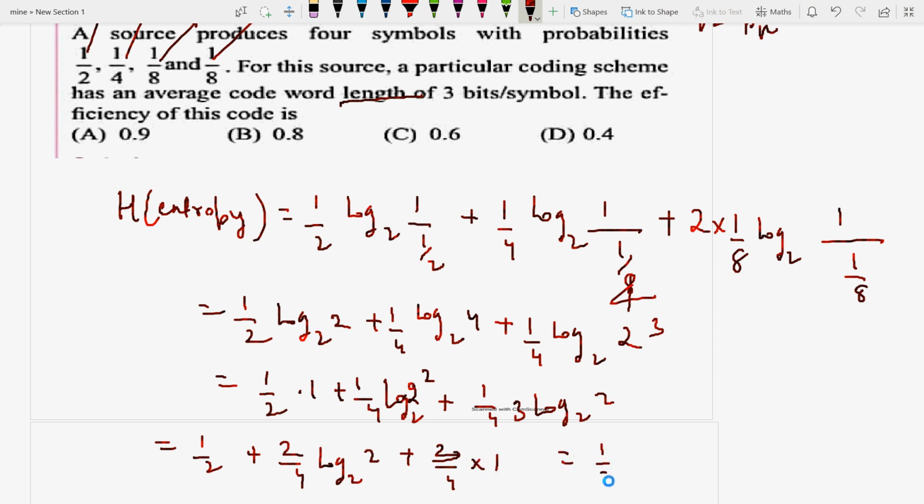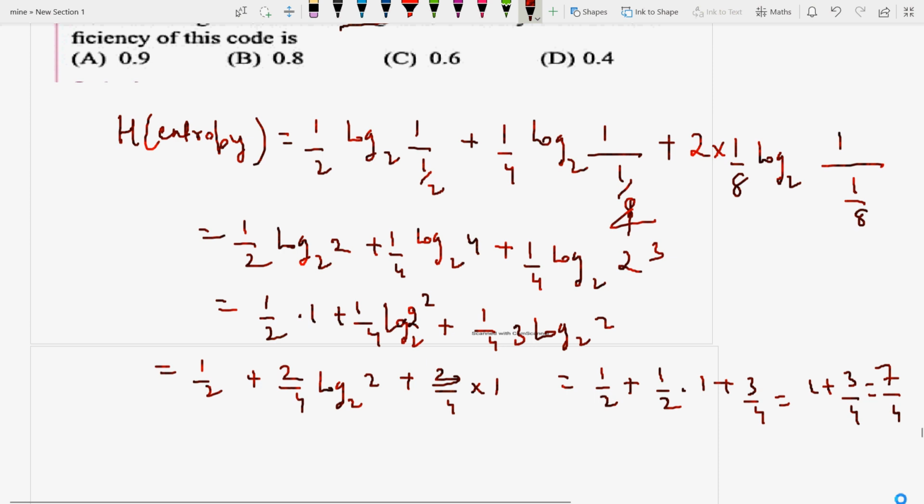So it will be 1 plus 3 by 4, so it is 7 by 4. No, I think something wrong has happened. It will be half plus half, so it is 1 plus 3 by 4, it is 7 by 4.